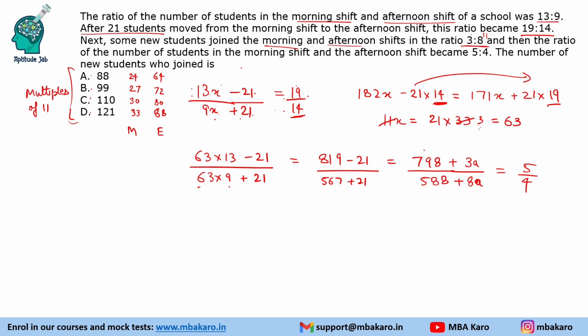Now the final number has to be a multiple of 5 because it is given 5:4. Now which number when you add will make it a multiple of 5? If you add 24, you will get something ending in 2, not a multiple of 5. Neither these. So you will save some time, maybe the cross multiplication time. Otherwise it's a round 3 question or a skippable question in the exam.